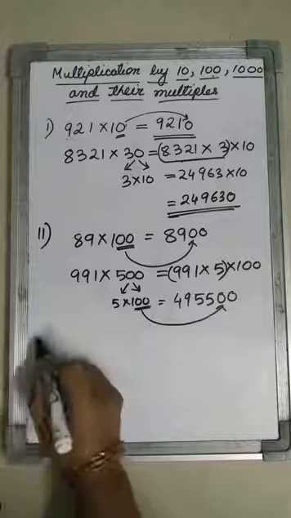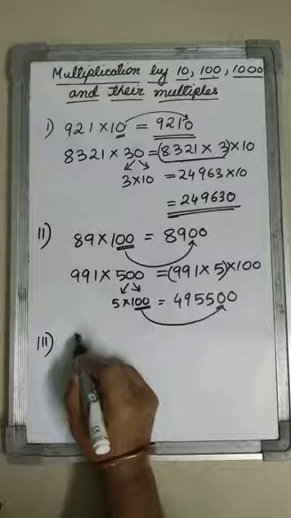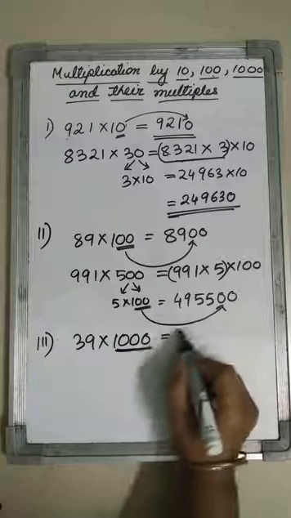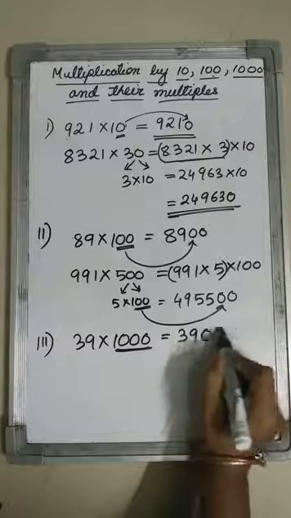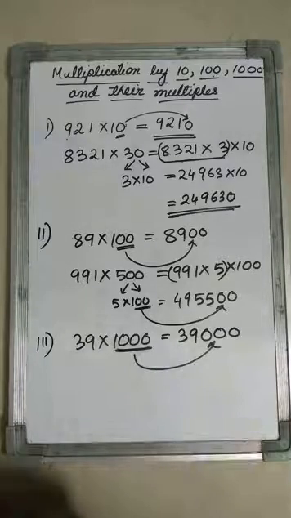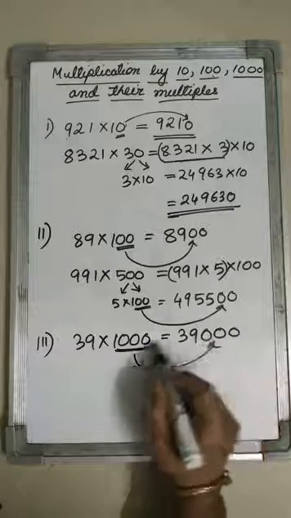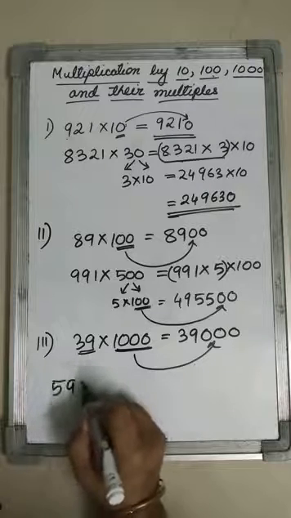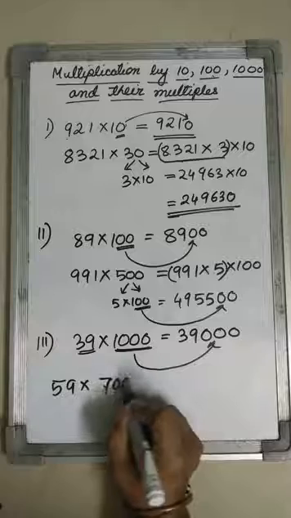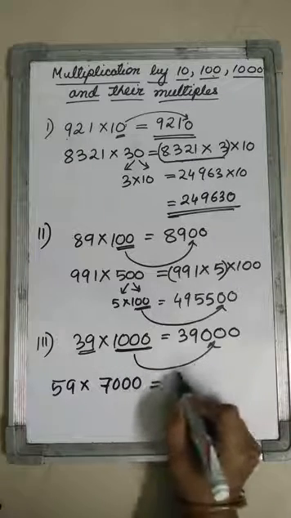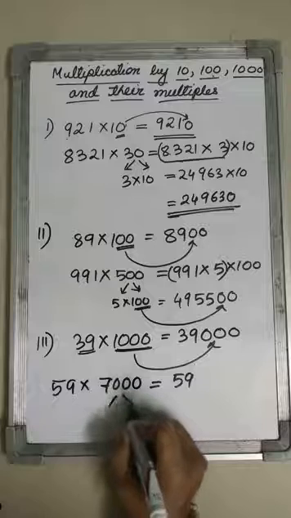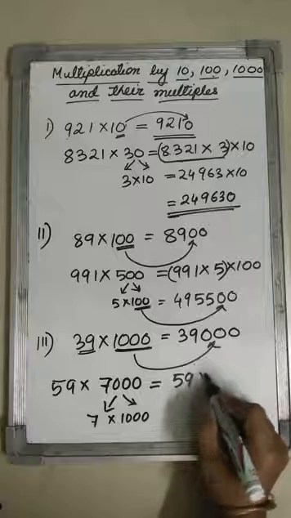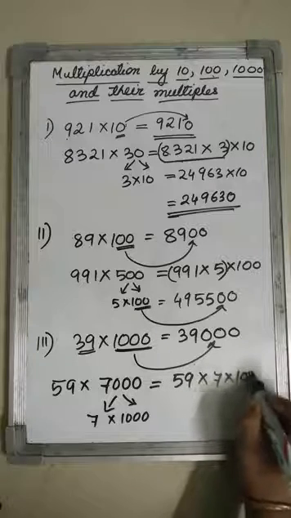Same way, suppose it is 39 into 1000. I have 3 zeros after 1. So for 39, the 3 zeros I am going to add here at the right side of the number. Now 59 into 7000. How shall I do? 7000 is 7 into 1000. 59 into 7 into 1000.